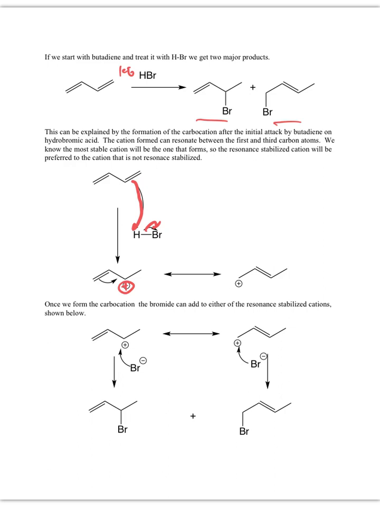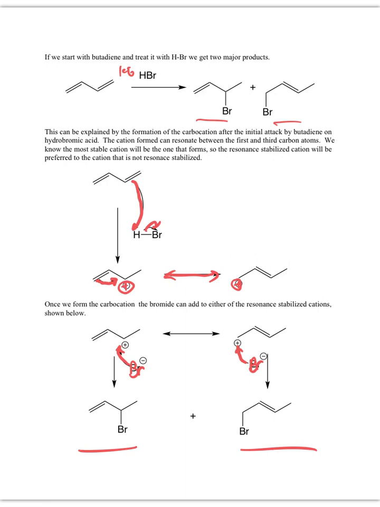It's an allylic cation, so we can draw resonance structures for it, and it can go back and forth between being on the secondary carbon and being on the primary carbon. They're both allylic cations, both very stable, and then from there, the bromide can either add to the secondary cation, or add to the primary cation to give us these two products.